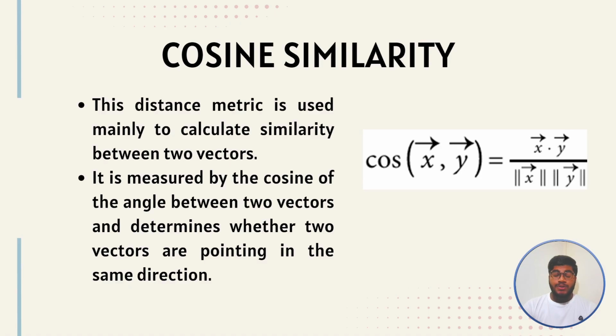It is mainly used in the vector points only, and the formula used in the cosine similarity is cos of x comma y is equal to x into y whole divided by mod of x and the y. This is about the cosine similarity, and you got to know that the cosine similarity is only used when we are going to deploy the vectors only.